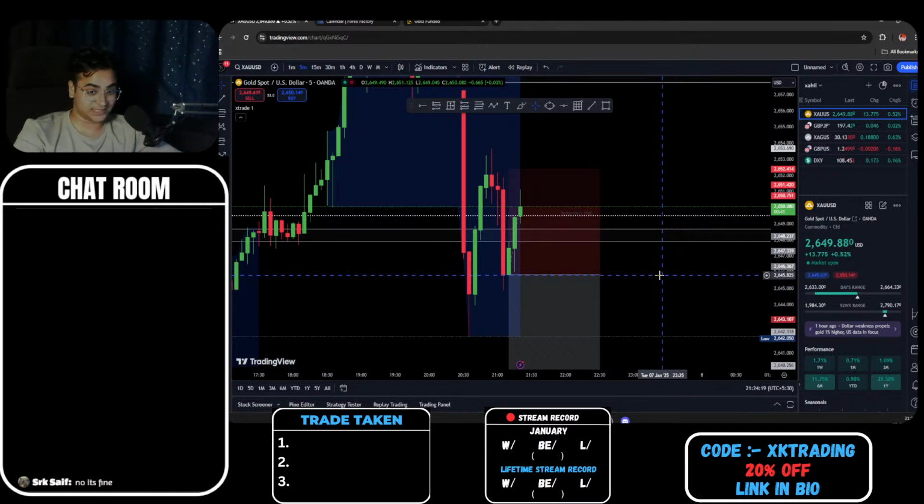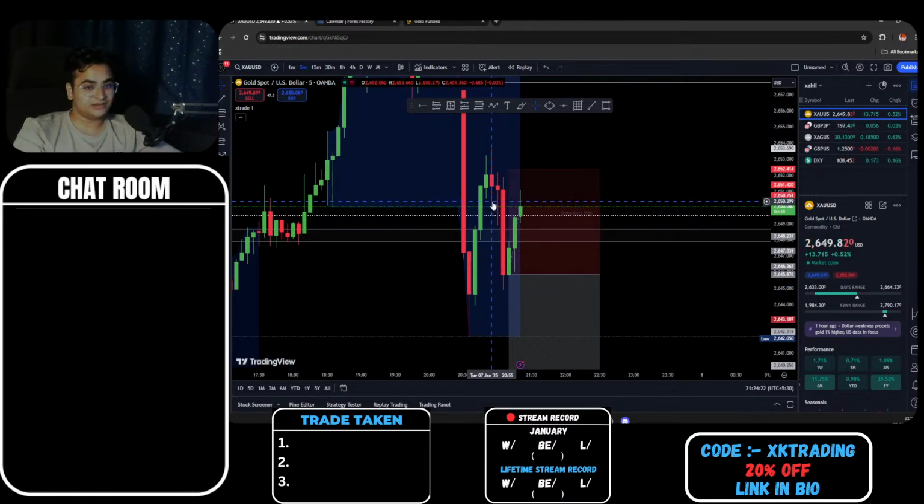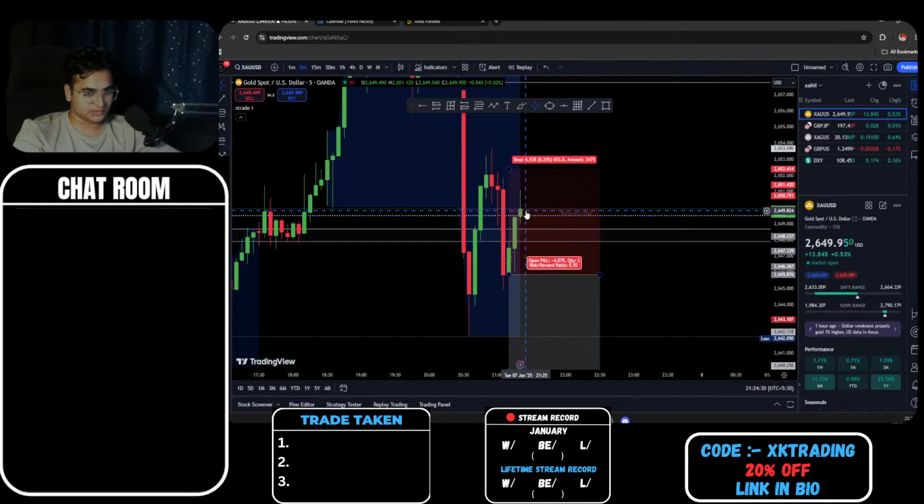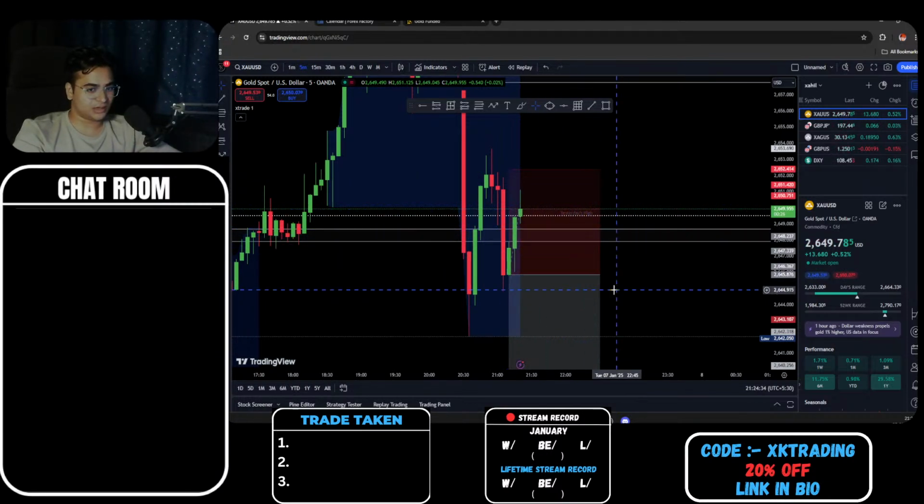Okay, so we have 40 seconds left, and if this candle closes bullish, then we are in trouble because there is a high probability that we will hit our SL. But if it closes bearish, there is a possibility that we can still come to our entry point.